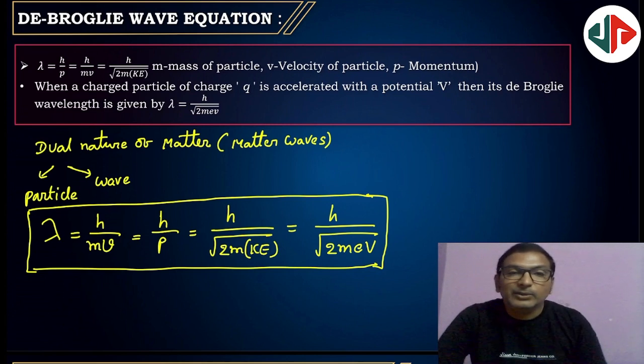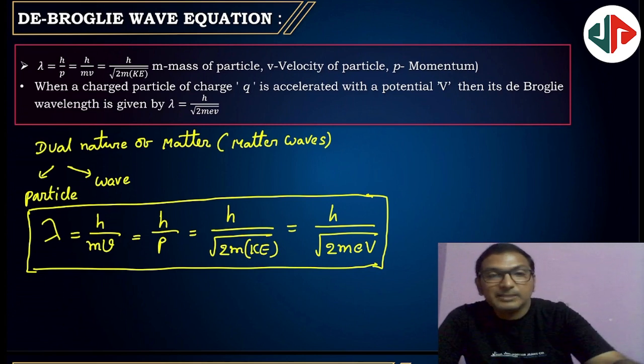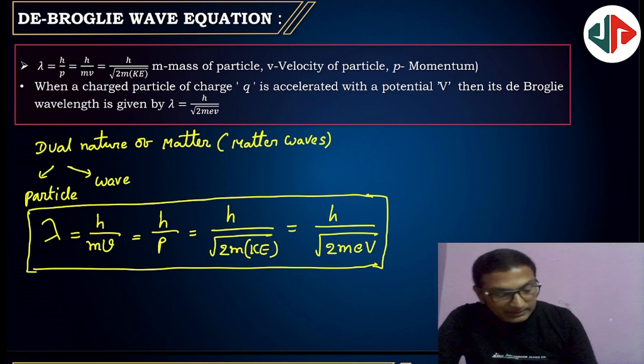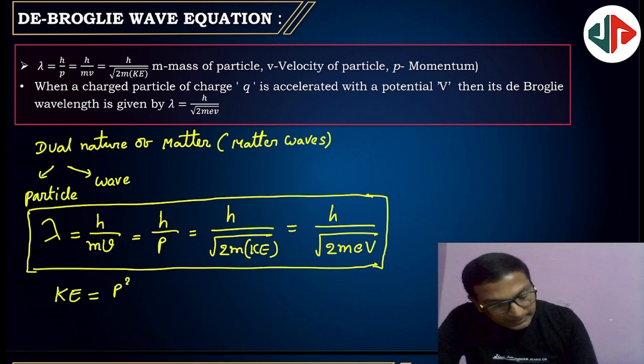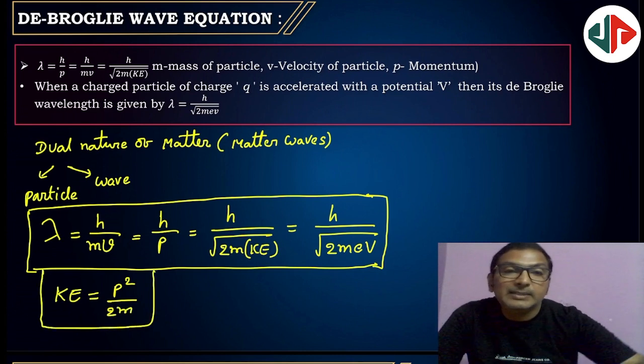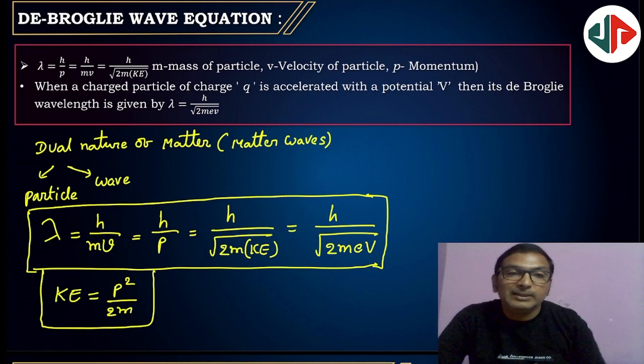Next, we know the relation between kinetic energy and momentum. K equal to P square by 2m. Kinetic energy equal to momentum square by 2m. From this we can write P equal to root 2m into K, kinetic energy.